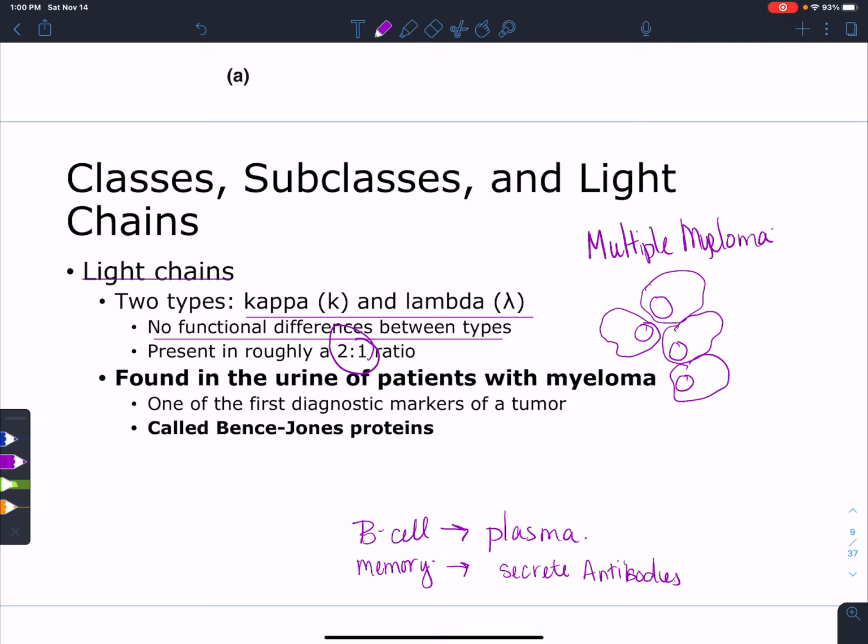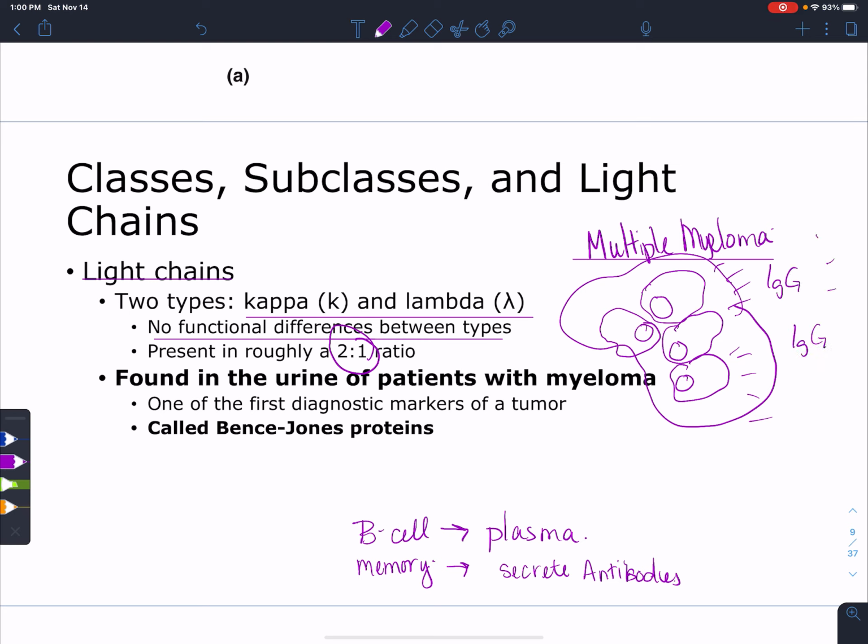Okay, so now in multiple myeloma, these plasma cells have just gone crazy. Okay, and what they do is they secrete tons and tons of antibody and light chains. And you're going to see that in this video too.